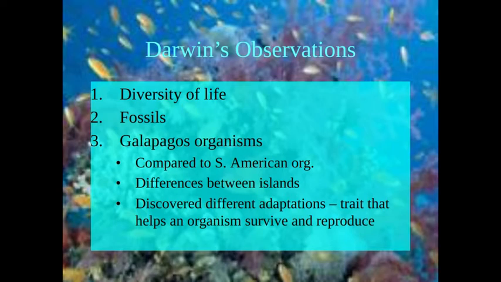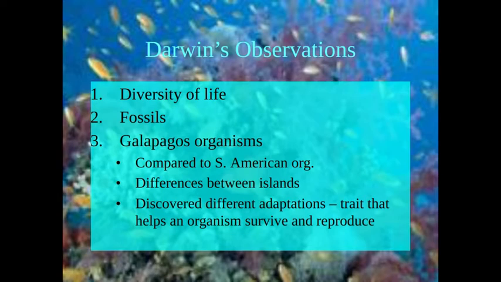He also noticed the differences between the animals that lived on the different islands. They were separated by water, but there were different varieties on the islands. That was a huge deal.